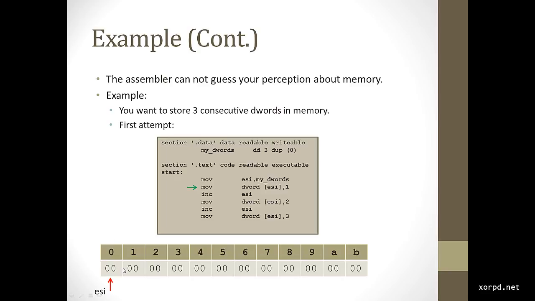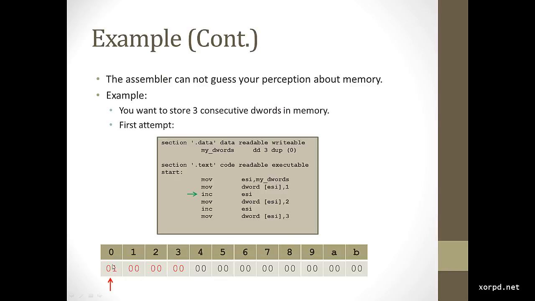By the way, all this memory is initialized with zeros. That is because we wrote 0 here. Now initially we move 1 into the dword in location ESI, which means that we are going to put 1 in this dword, which is spanned from offset 0 to offset 3.